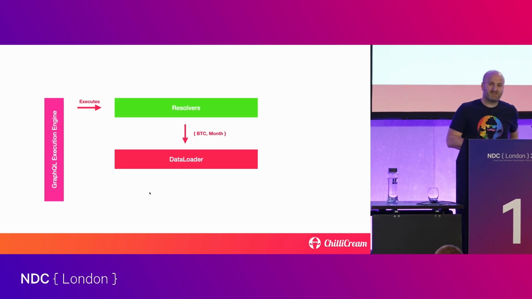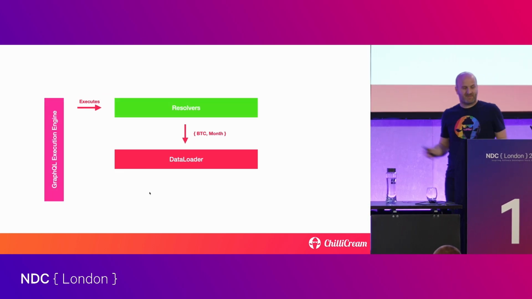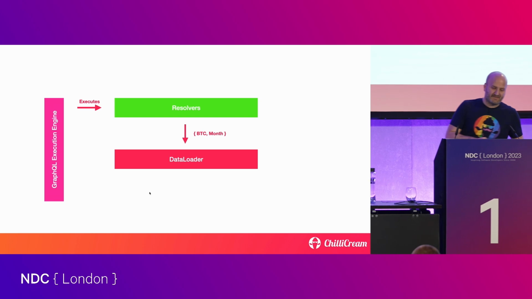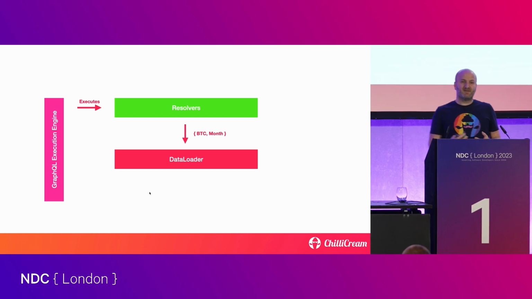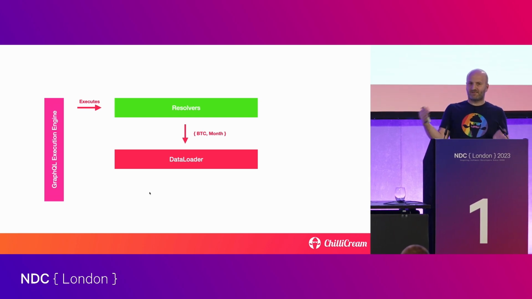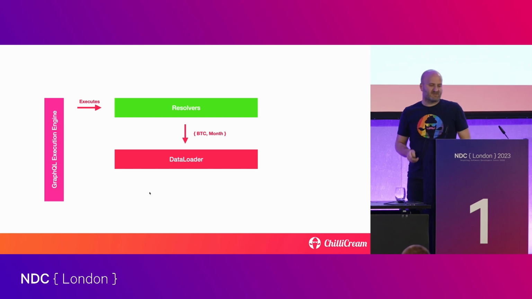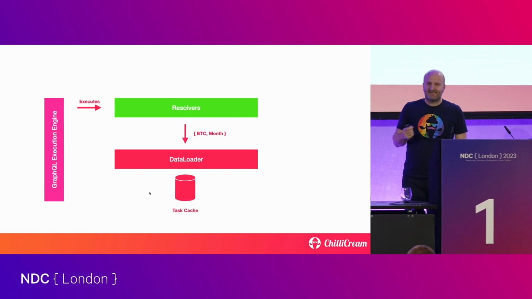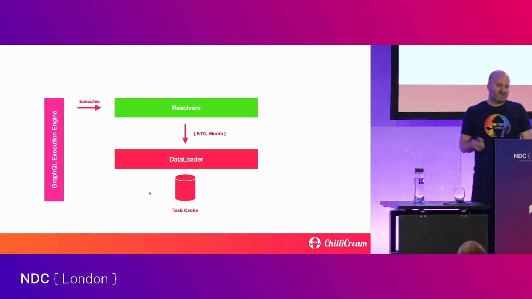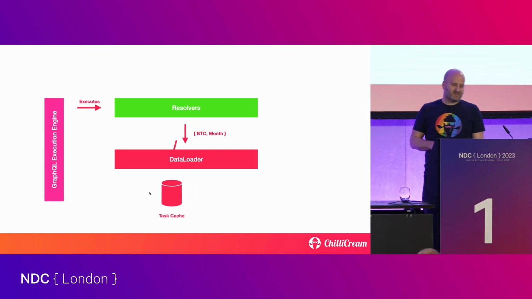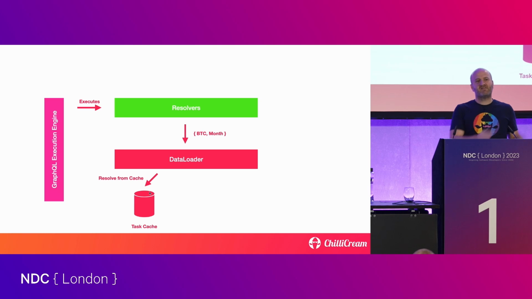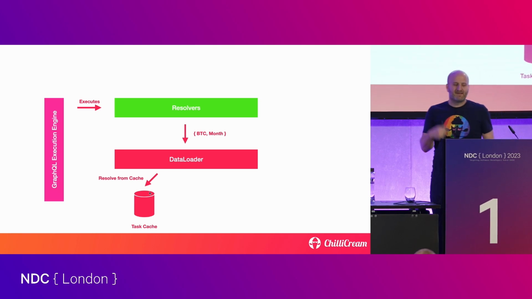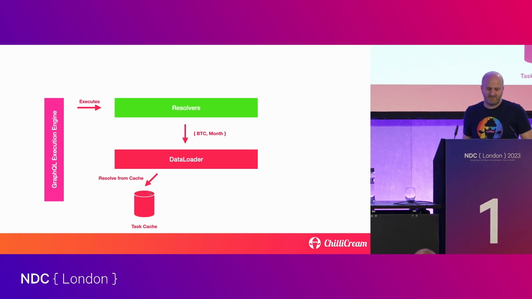So how that works in a way that it's transparent to everything that we do is that the GraphQL resolver will, instead of doing the request itself, ask DataLoader. And the DataLoader has a task cache. And each time you ask a DataLoader, it will look into the task cache. Do I have for this key, for what you ask, a task to await on?